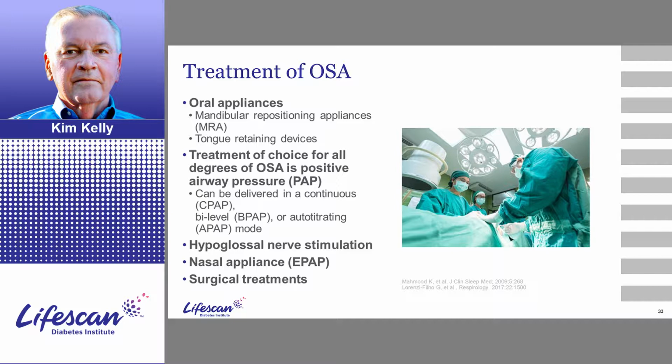And then finally, most recently, auto-titrating or APAP, where the system senses the pressure it needs to help you keep your airway open, but it doesn't give you any more than that. And it also senses when you're breathing out and reduces the pressure outward as well. APAP is clearly the treatment of choice for most patients, and most of the modern APAP or auto-titrating devices are awful quiet to use.